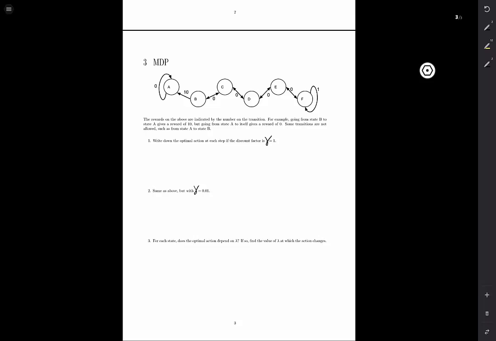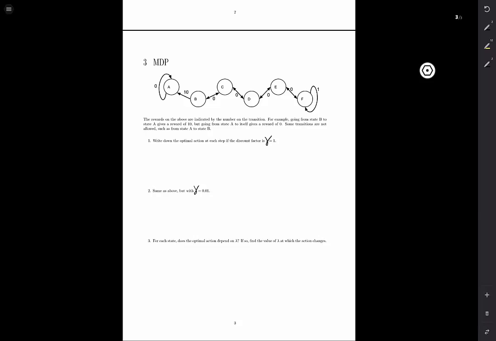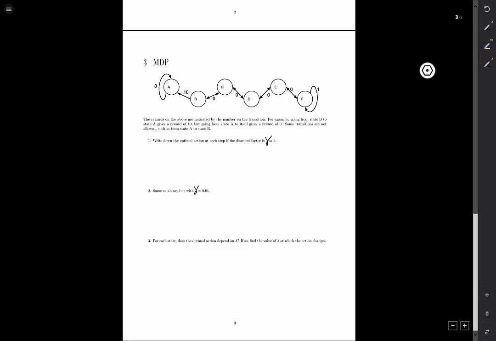If you remember from the overview beforehand, gamma equals 1 means we care about all rewards equally. We don't care what time we get them at. So for gamma equals 1, there's no decay. Basically, all rewards are the same.